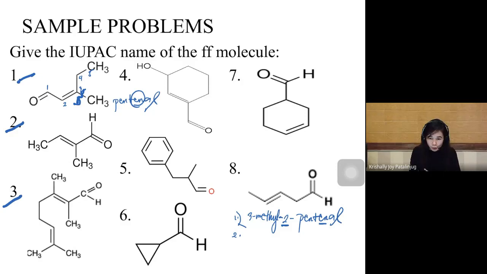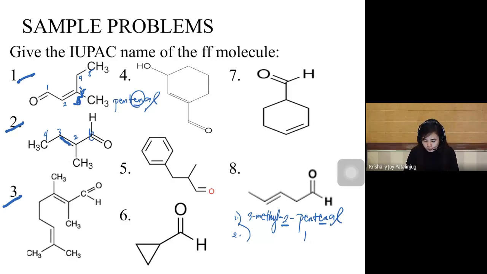Look for the carbon bearing the aldehyde group. So, this would be carbon 1. Right? Carbon double bonded with oxygen. So it is carbon 1, 2, 3, and 4. So, butene is the corresponding alkene, because a double bond is seen. Corresponding alkene is butene. Change the ending E to al.